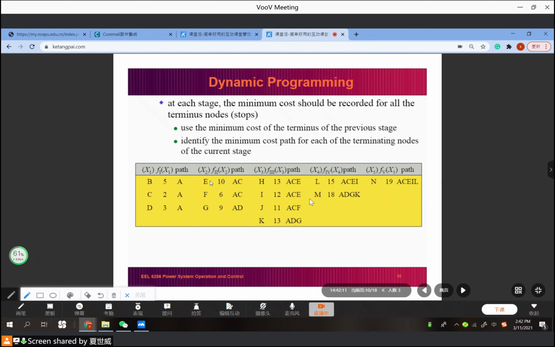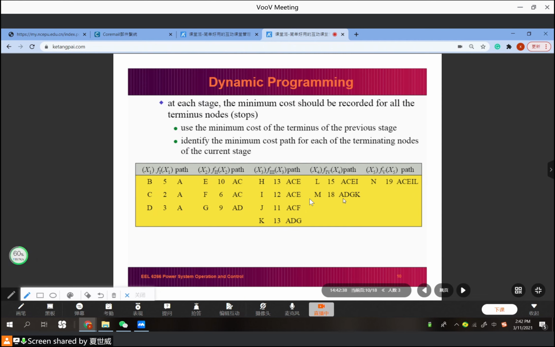If you travel to E, the best path will be ACE, and F also ACF, G will be ADG. You continue for the next stage. For stops H, I, J, K, you also record the best cost and the path. For L and M, you also record the path.